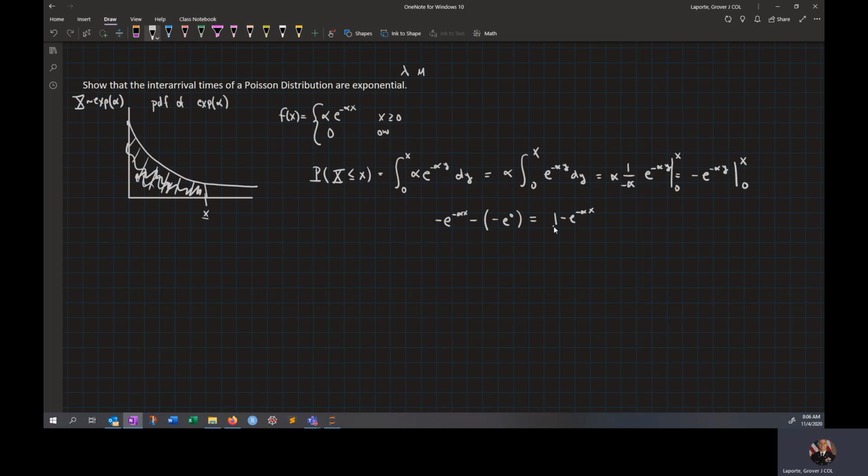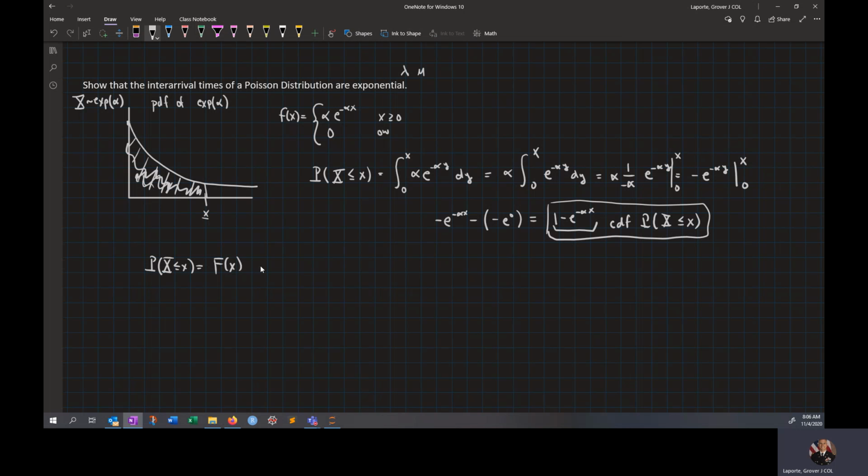So this would be our CDF, the probability that the random variable X is less than or equal to some value x, when x is greater than 0. If I write this out, the probability X is less than or equal to x is equal to capital F of x.